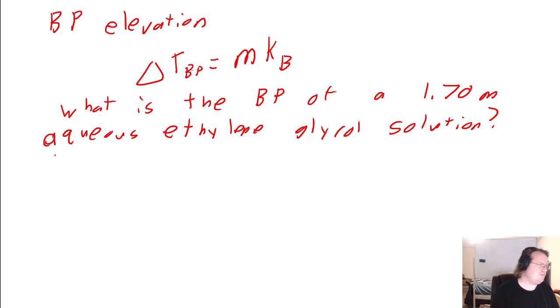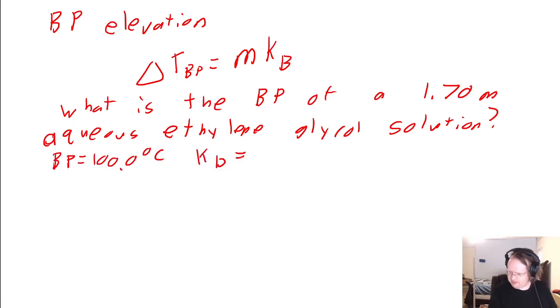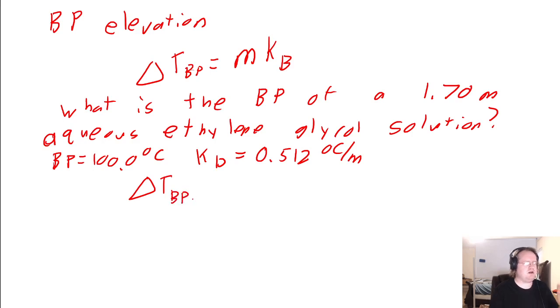So we know that the boiling point for pure water is going to be 100.0 degrees Celsius. And if we look up the Kb for water, it's 0.512 degrees Celsius per molal. So now if we want to know how much the boiling point changes when we put enough ethylene glycol in this water solution to have 1.70 molal, that's going to be 1.70 molal times 0.512 degrees Celsius per molal, where those will cancel.